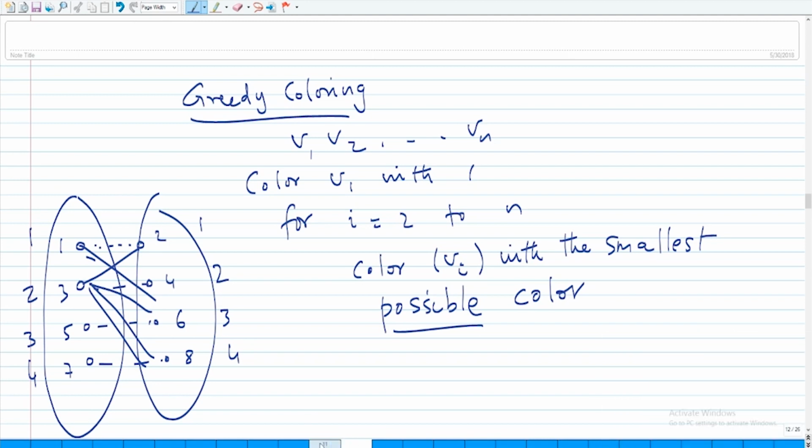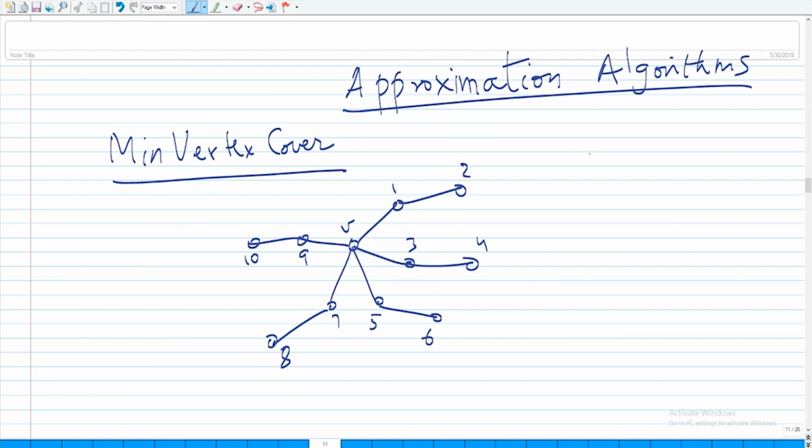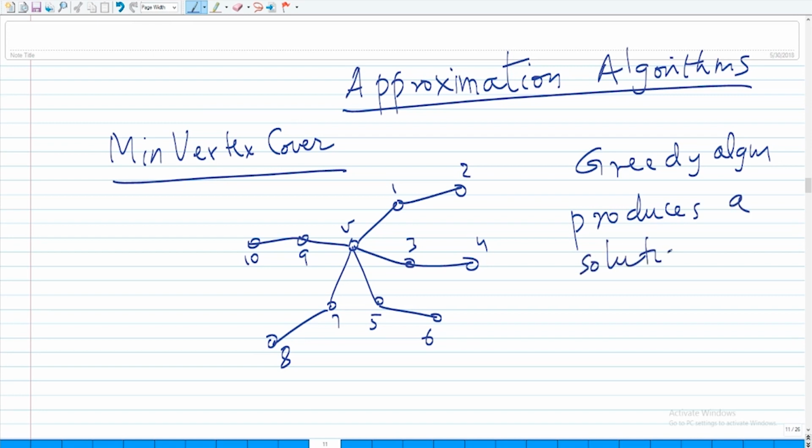In particular, this greedy algorithm produces a solution which we can prove, we will do maybe tomorrow, is at most some log n times optimum. This is the quality of the solution which we will show tomorrow. Okay, but it can be as bad. That also we will see later.